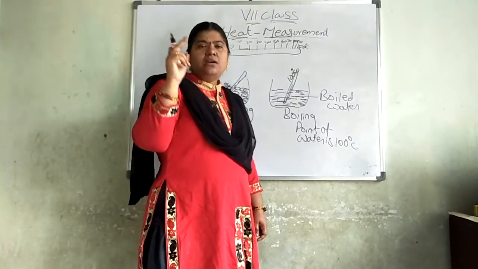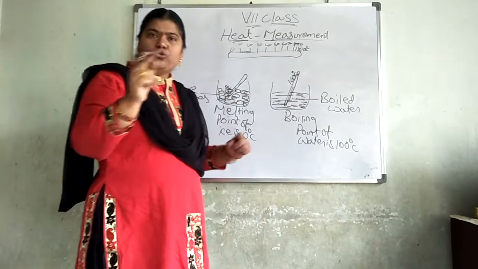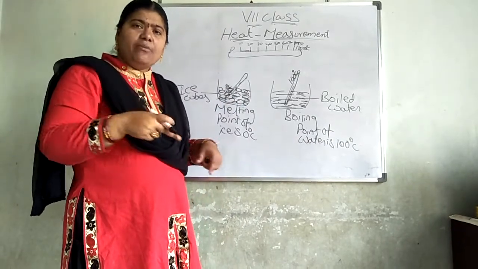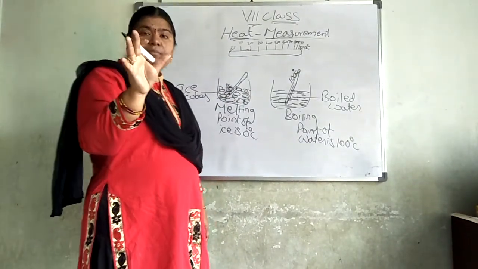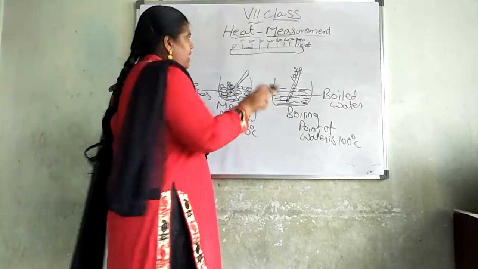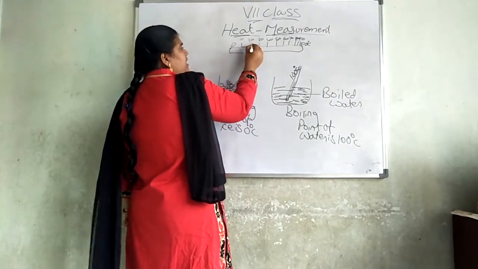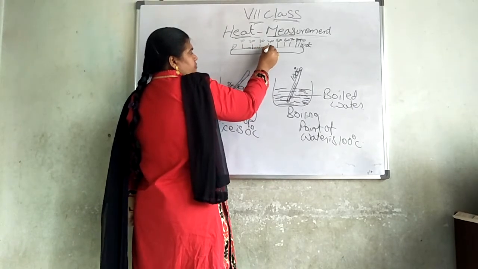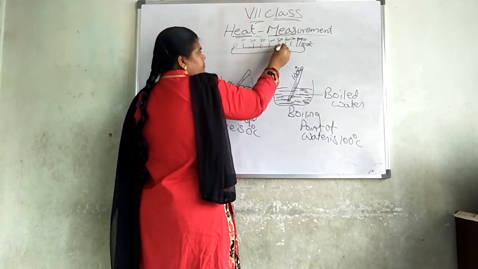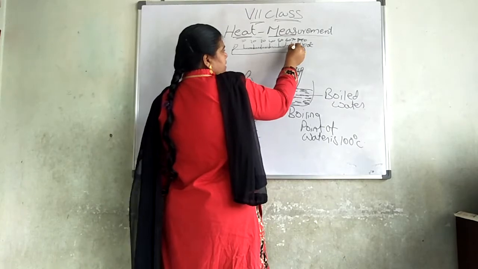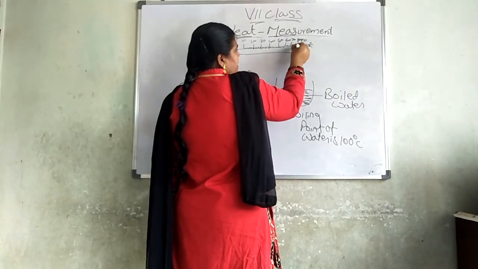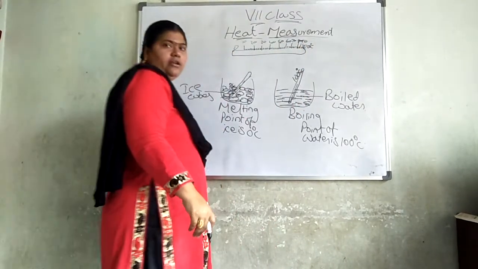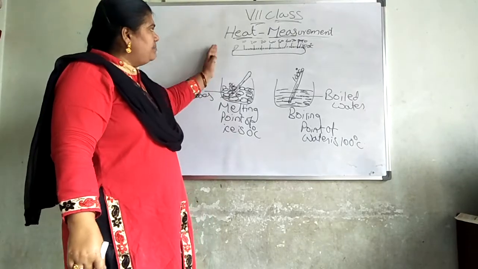Between 1 centimeter and 2 centimeters, how many millimeters do we have? 10 millimeters. In the same way, here also, for each and every degree, 10 divisions will be present. For the clinical thermometer, 10 equal divisions will be noted. So you can mark like this.